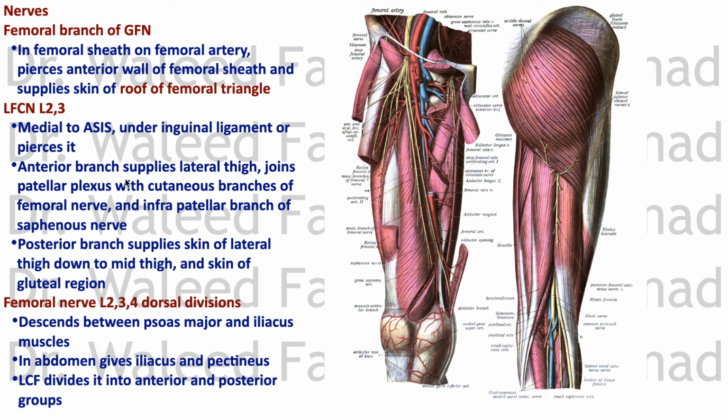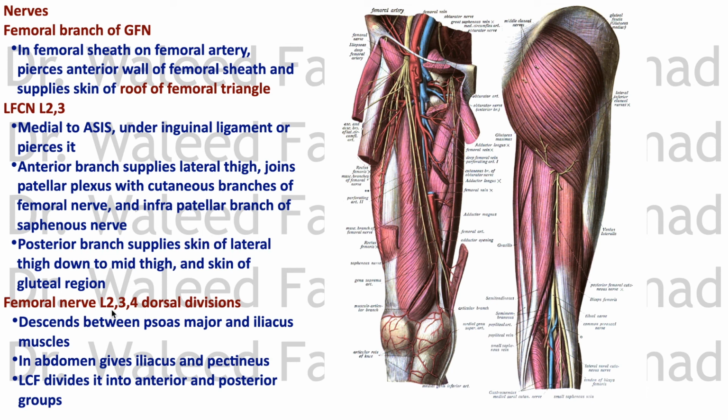It divides into anterior and posterior branches that supply the lateral thigh. The posterior branch also supplies the gluteal region. Remember that, the lateral femoral cutaneous nerve, or the lateral cutaneous nerve of thigh.